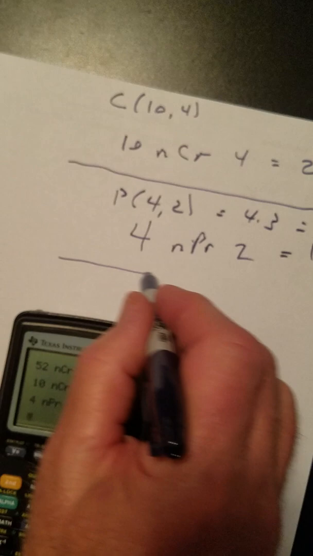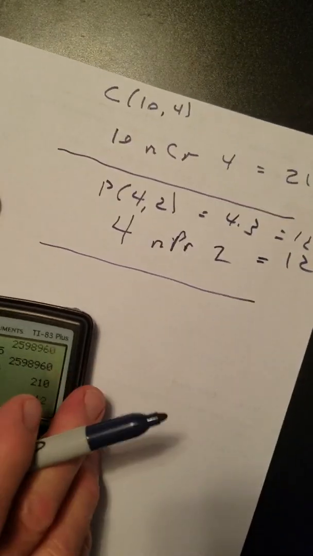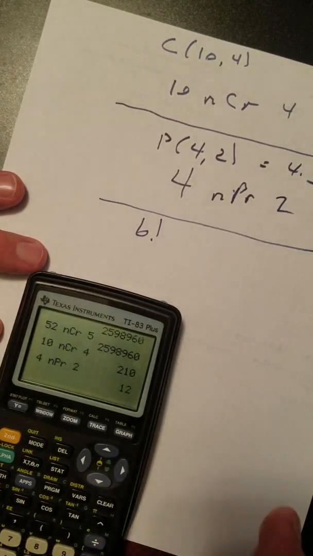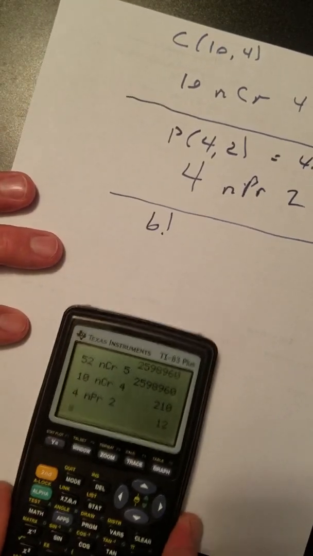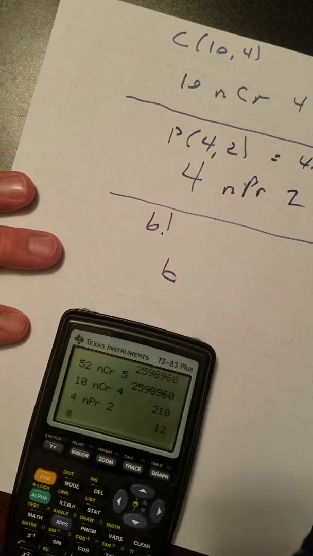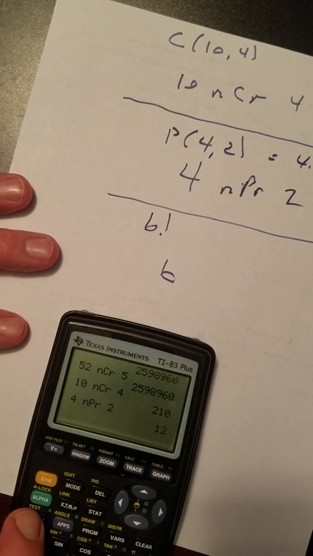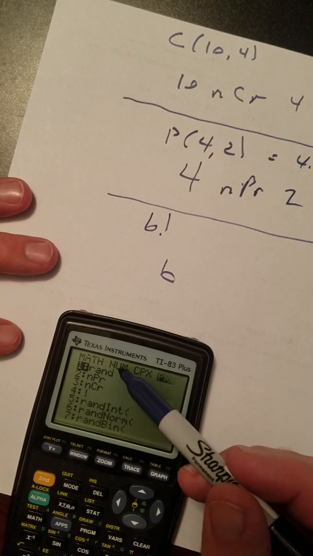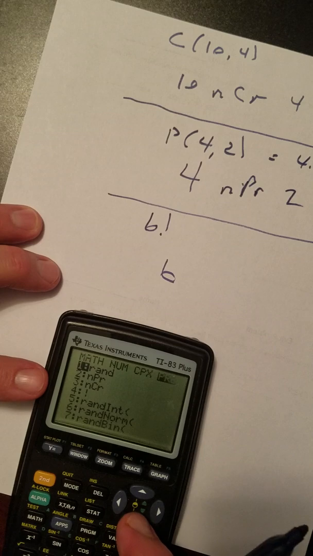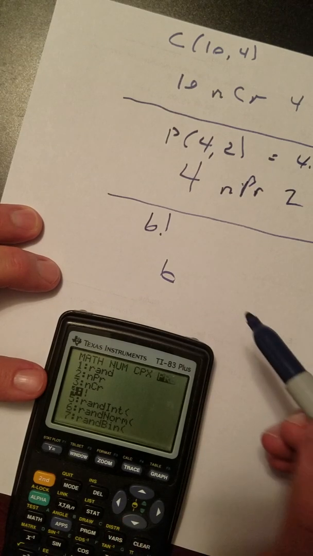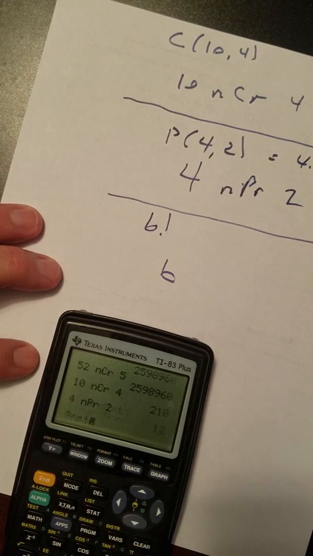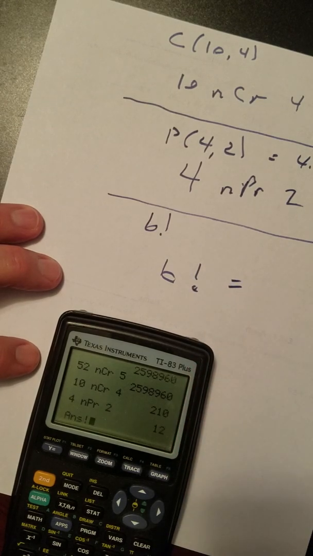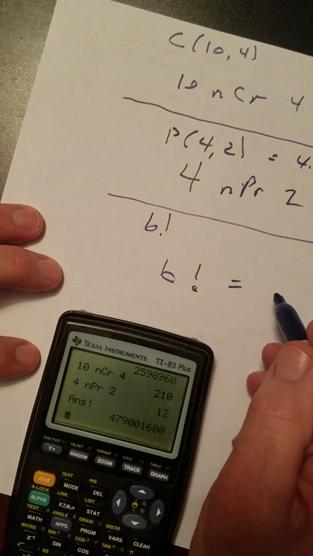Okay, and let me show you one more thing. Let's say I wanted to find a factorial. Let's say 6 factorial. So I'm going to put the 6 in first. Same thing, math, probability, and if I go down to the 4th item, 1, 2, 3, 4, and I hit that key, that gives me the factorial button, and then I'm going to hit enter.